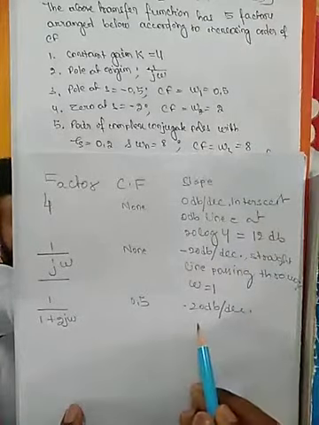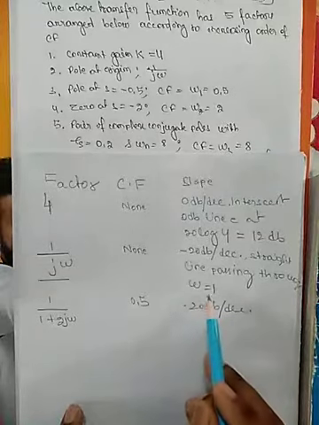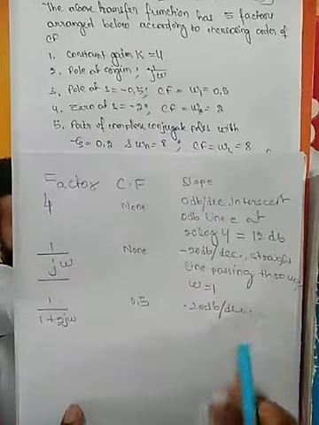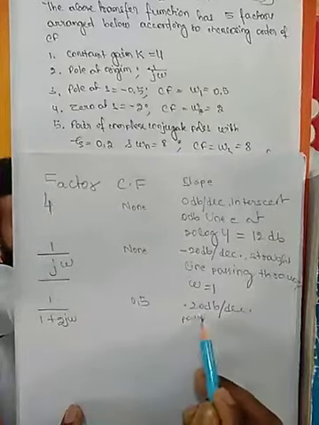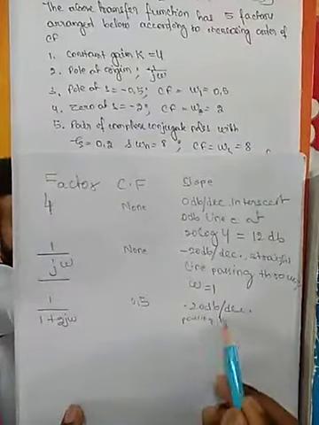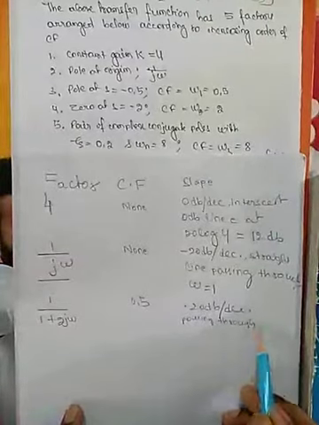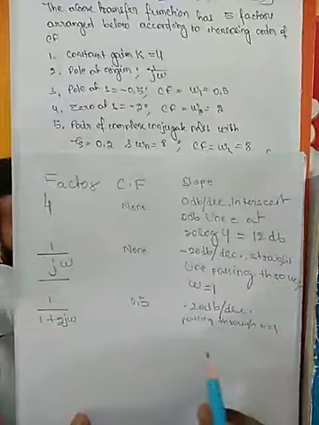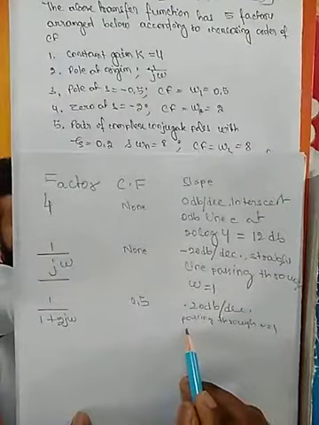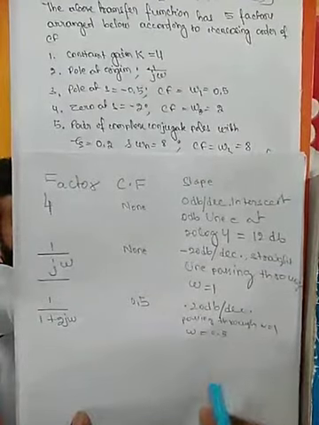It is a straight line passing through omega equal to 1, and it starts at corner frequency 0.5.